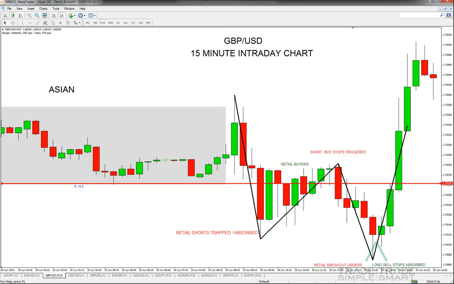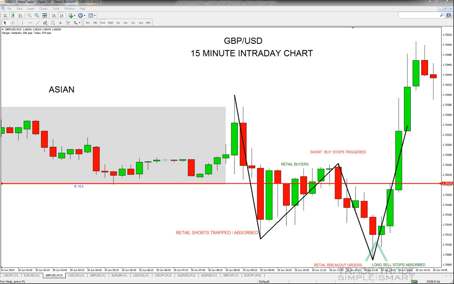And finally, again on the sterling against the dollar, we have an intraday example where out of the Asian accumulation process, we see the manipulation of the Asian lows, inducing retail traders into the market. We then get that pullback to the upside, which induces buyers who are in line with the smart money trend.